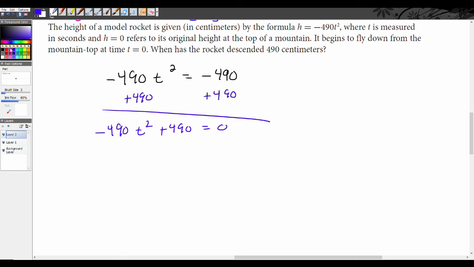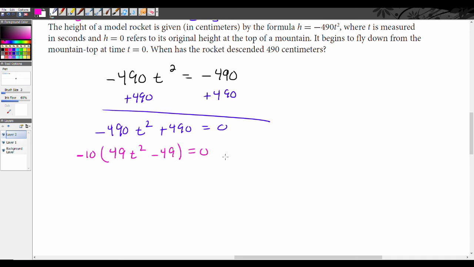So let's go ahead and factor this by factoring out a negative 10. So if I divide everything here by negative 10, okay, I get negative 490 t squared divided by negative 10 is going to be positive 49 t squared. And positive 490 divided by negative 10 is going to be negative 49.